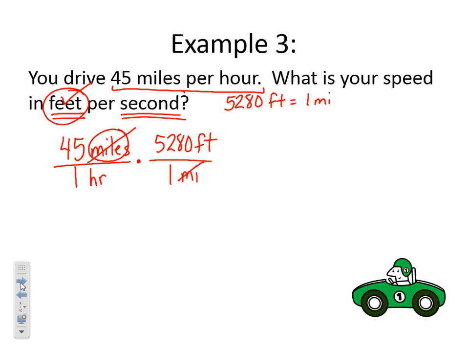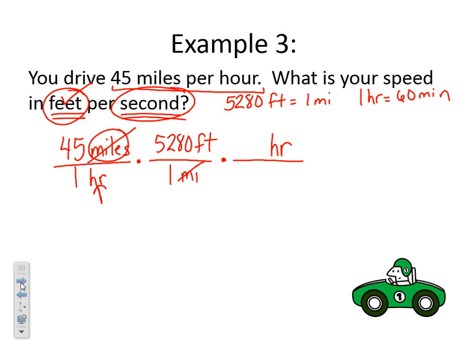Now let's talk about seconds. The problem was given to me in hours. Now I need to convert that to seconds. Well, let's start with converting hours into minutes. There's a fact about hours. 1 hour is the same thing as 60 minutes. Okay, now notice that fact needs to be written as a fraction. Hours are currently in the denominator. I need to then write them in the numerator so that they can simplify away.